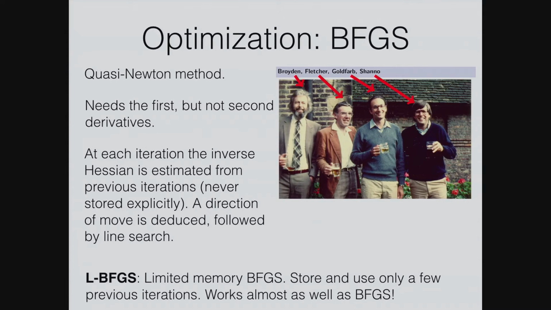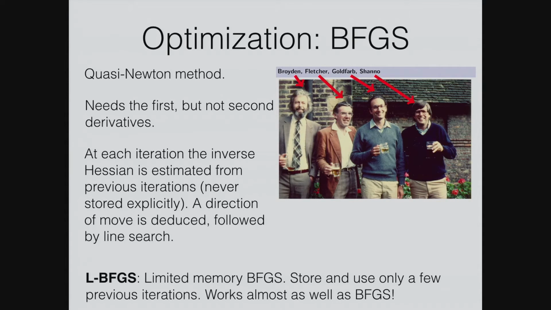Next is BFGS, named after these four guys who invented the algorithm: Broyden, Fletcher, Goldfarb, and Shanno. This is a quasi-Newton method. What that means is we're actually going to try to use some second-order information, which is the Hessian, but we're not going to calculate the Hessian. We're not going to store the Hessian.